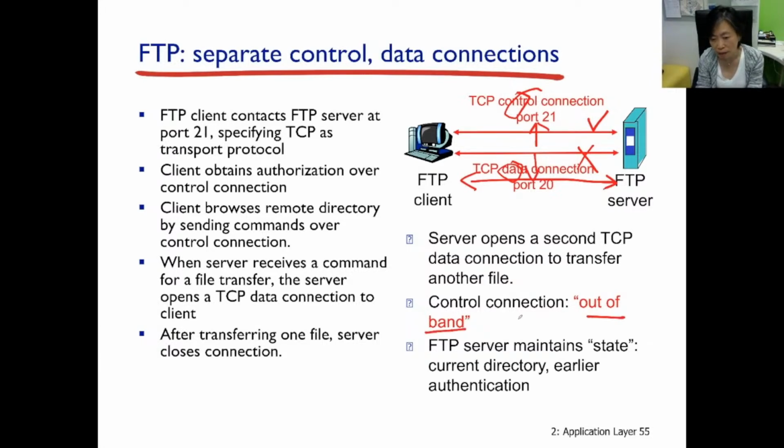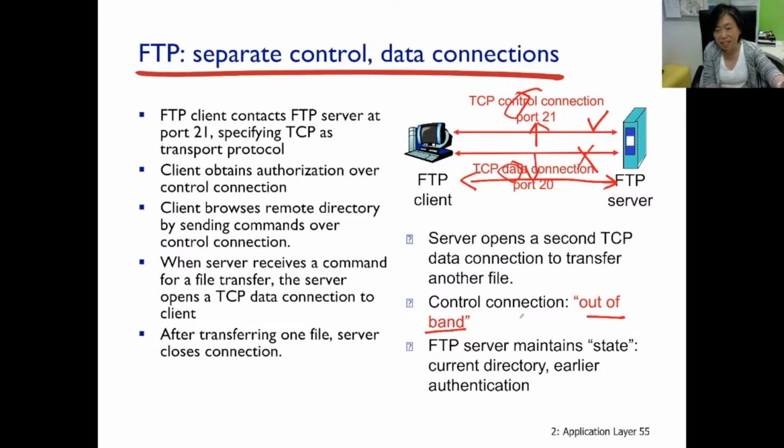out-of-band communication. If you think a little bit more, in HTTP, there are two messages, right? HTTP request, HTTP response. Yeah, which one is data? Which one is control? No, in fact, each of these messages are both control and data. In HTTP request, we do have commands, right? Get, post, head. But in HTTP response, we also have the status line.